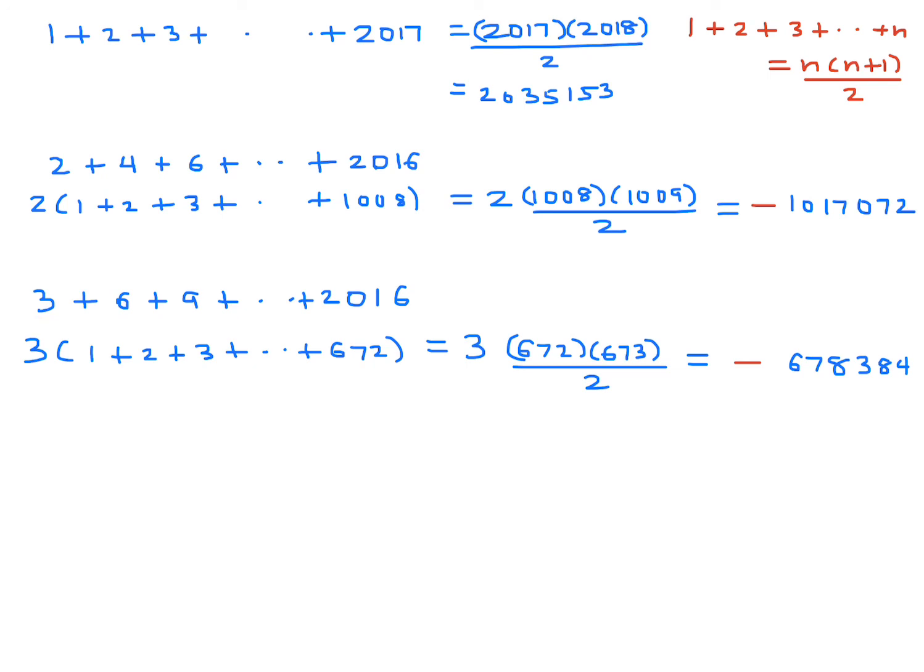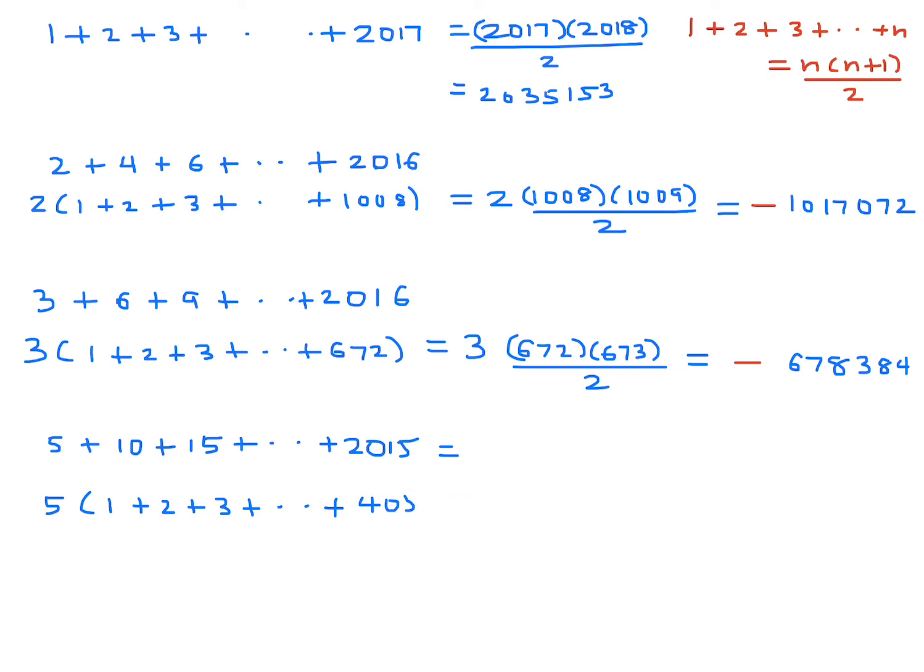We have one more, and that's 5, multiples of 5. So 5, 10, 15, so on, right? And that's going to go all the way till 2015. Again, by now I think you're an expert. Factor out the 5. That'll be 1 plus 2 plus 3 plus dot dot dot 2015 divided by 5 is 403.